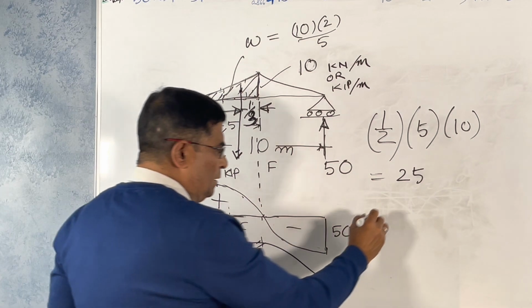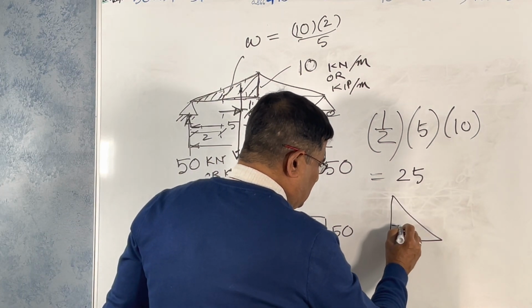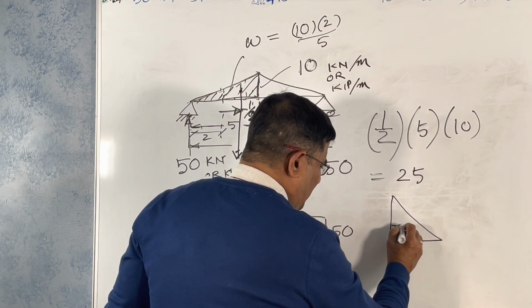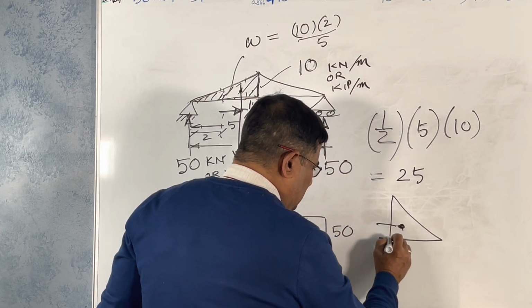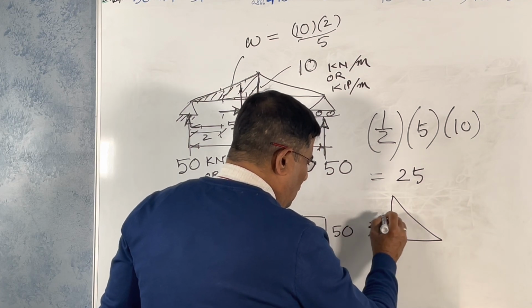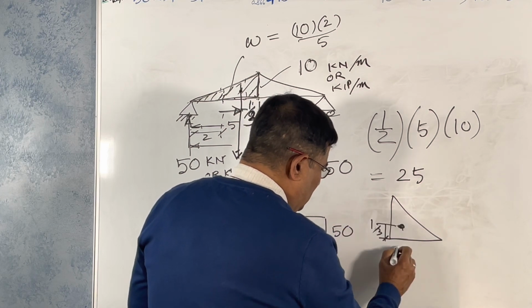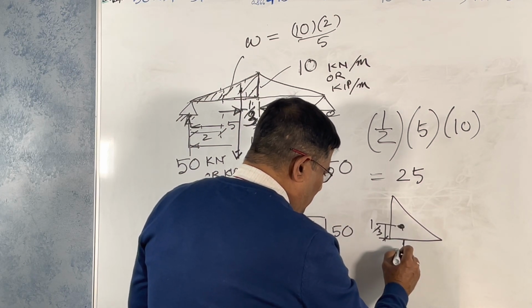If you have a triangle, the center of gravity will be somewhere here, at a distance of 1/3 of this length.